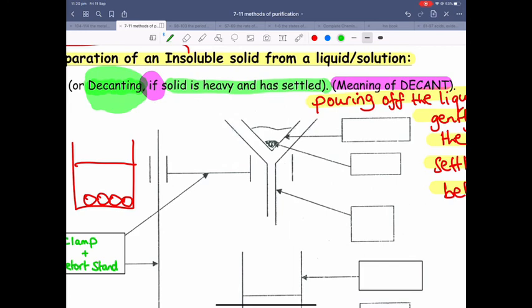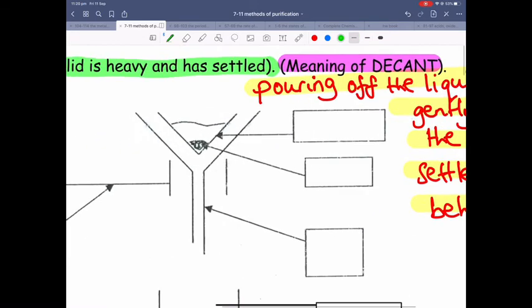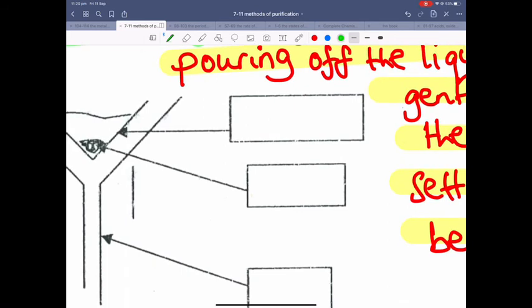Now, like I said, you pour the mixture of your insoluble solid and liquid into the top of the filter funnel where the filter paper is. And so this is called the filter paper. That's the filter paper.